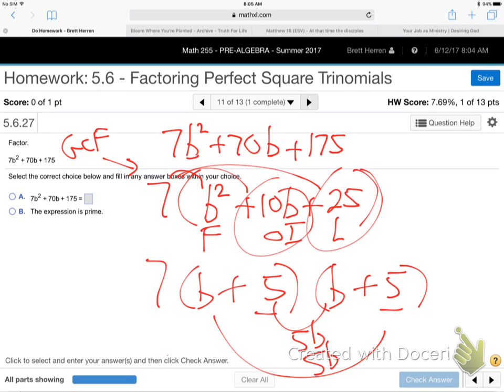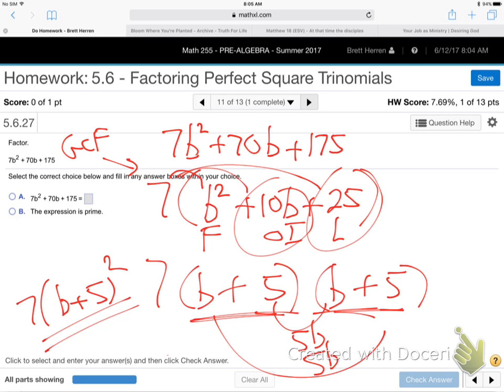Everything's plus. Here's your identical twins. Same signs, right, Jose? Same signs. So we say, okay, that's identical, so that's squared, huh? There it is. Is that making sense? With the GCF first, the one big parenthesis, then the two? No questions? All is well?